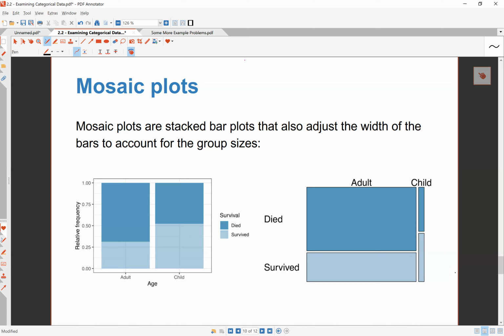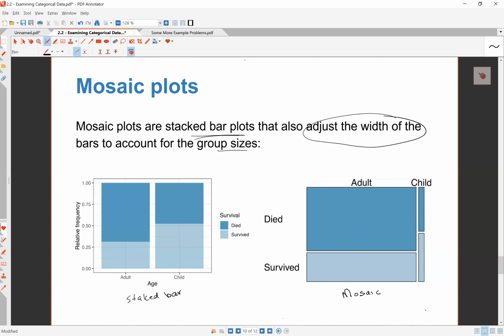So a mosaic plot starts with a stacked bar plot, but it then adjusts the width of the bars to account for the group sizes. So on the left here, we just have a stacked bar. On the right, we have a mosaic plot.